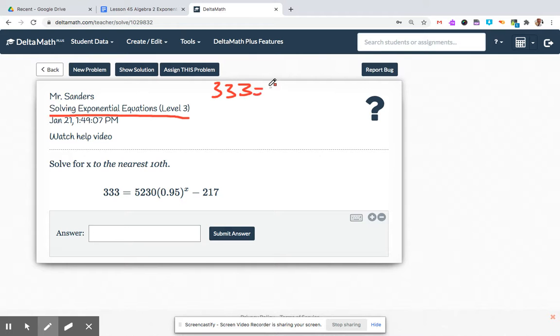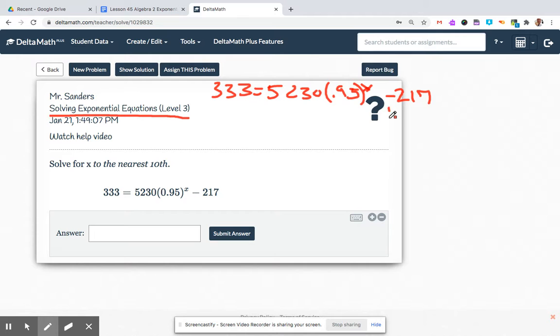33 equals 5,230 times, trying to get 0.95 by itself to the x, and then it's a minus 217. All right, so we're reversing the order of operations. If I divide by the 5,230, I have to do that to the whole side.